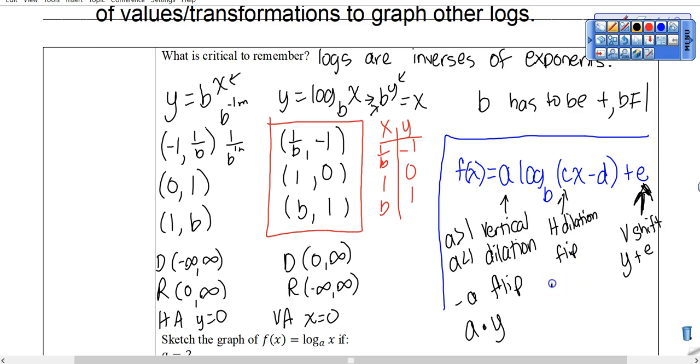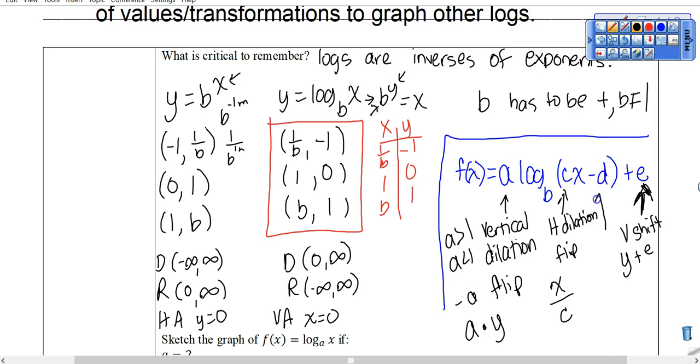So you do your x divided by c. You do the opposite of what it says. So if it says times 2, divide by 2. If it says times half, you multiply times 2. If it says half x, then you multiply times 2, right? So it's take your x, divide it by c, whatever it is.